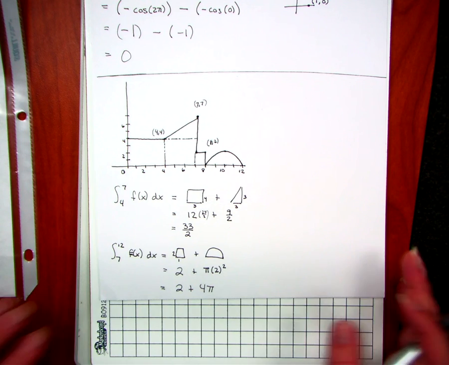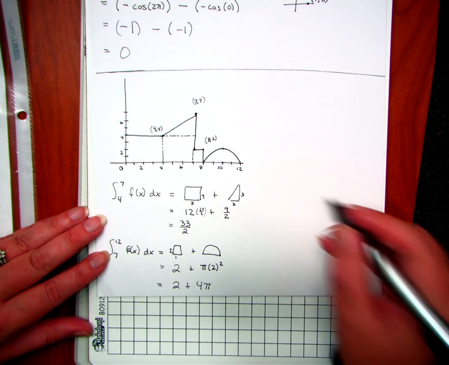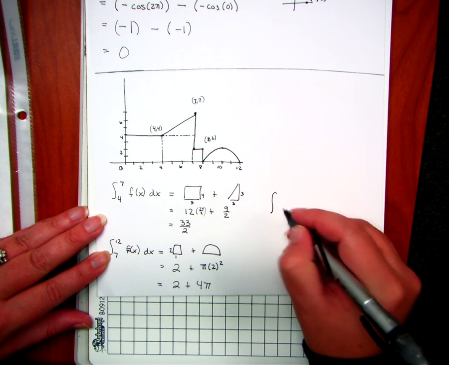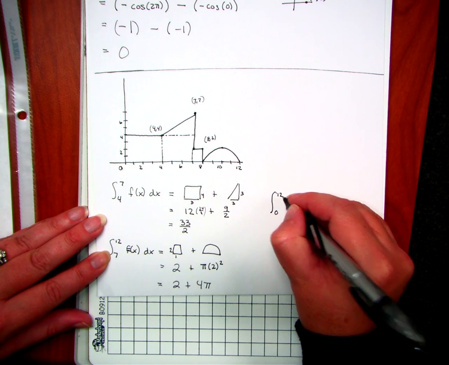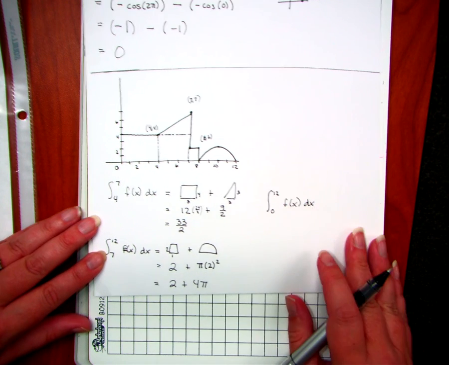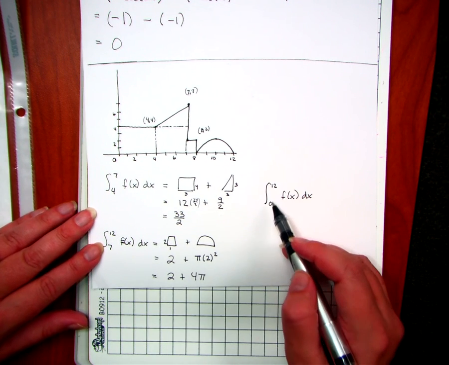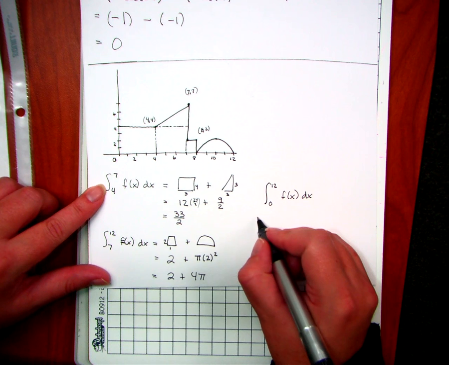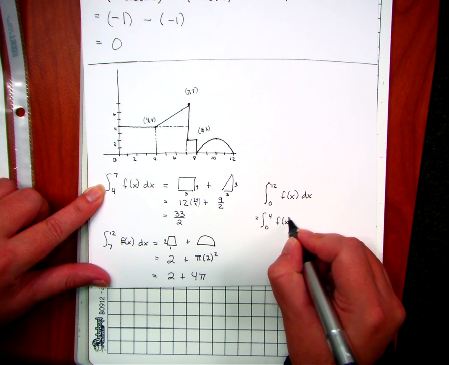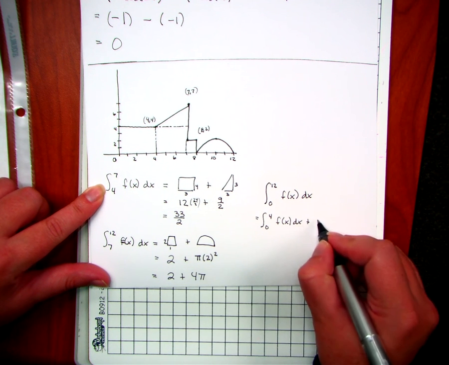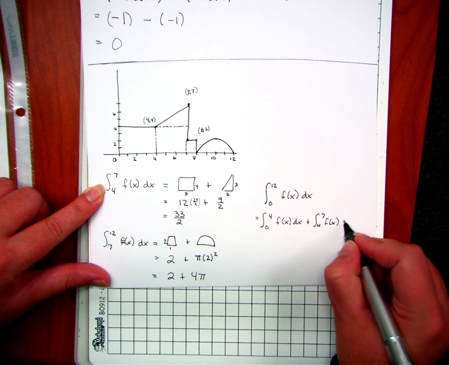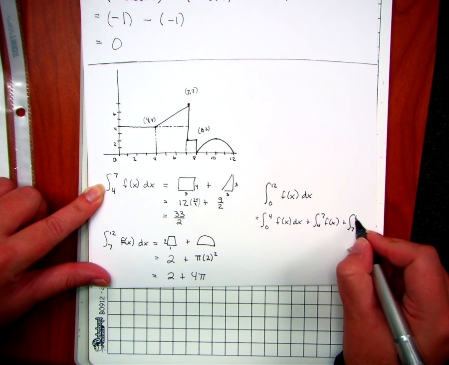Right? So then let's go ahead and find the total area from 0 to 12. So when we find the total area, I can split this into the integral from 0 to 4 plus the integral from 4 to 7 plus the integral from 7 to 12.